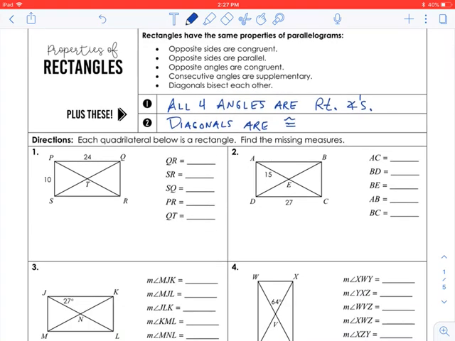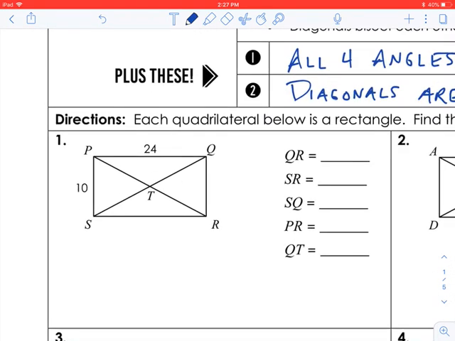Okay, so for number one, just as before, opposite sides are congruent. So QR is 10. SR is 24. Now, there's a theorem that we've used before in geometry that we're going to use quite a bit with polygons, which is the Pythagorean theorem.